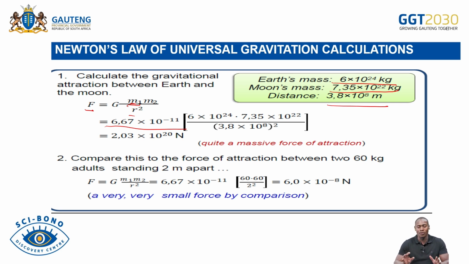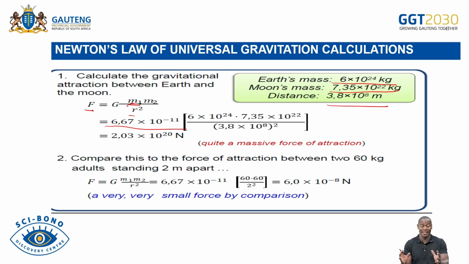When you look at our data sheet, you are given the mass of the Earth as 5.98 times 10 to the power 24 kilograms. You are given the radius of the Earth, which is from the center to the surface of the Earth.